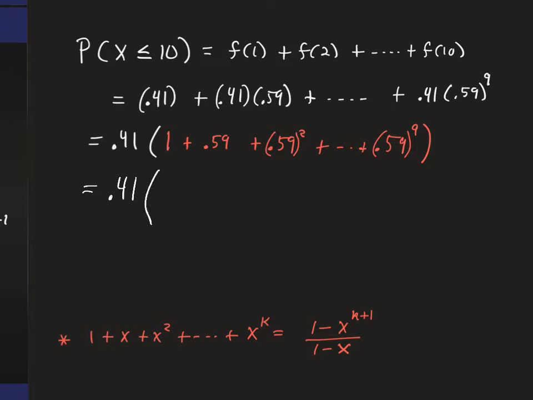So this would equal 0.41, and we would have 1 minus 0.59 now to the 10th power, because we stopped at the 9th, so you increase to the next one up, over 1 minus 0.59. And notice that 0.41 and 1 minus 0.59 are the same values, so these actually end up canceling.